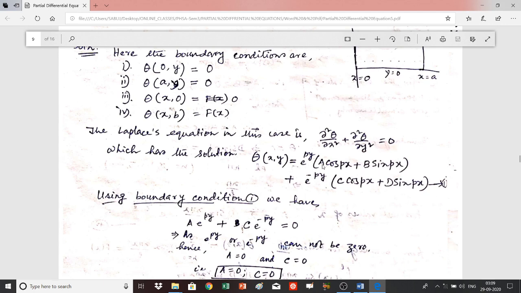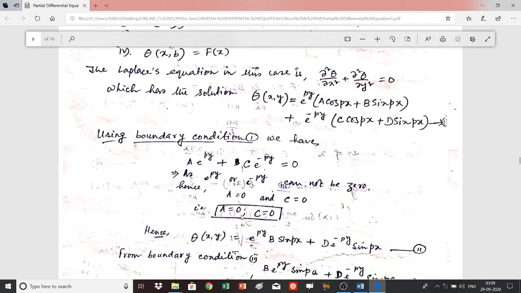So from this term you will have a e to the power py, and c e to the minus py will also be there, and that will be 0. Just put x equal to 0 and you get this.